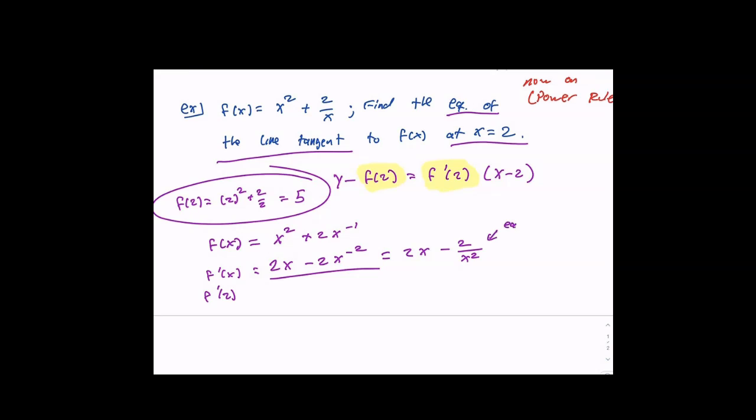It's algebra friendly. So now I can just plug in 2. I get 2 times 2 minus 2 over 2 squared, which gives me 4 minus 2 fourths, which is 4 minus 1/2, which is 7 halves.